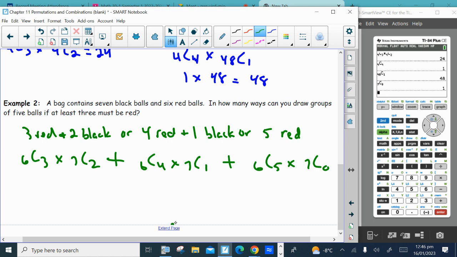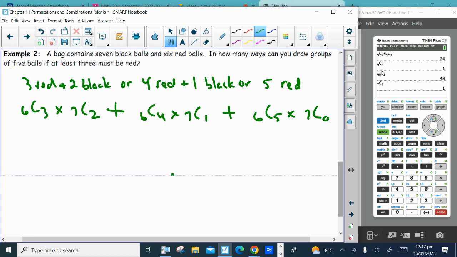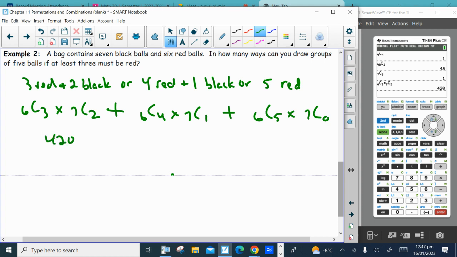Okay. So 6C3 times 7C2 gives us 420. So that's how many 5-ball hands are possible with 3 red and 2 black.